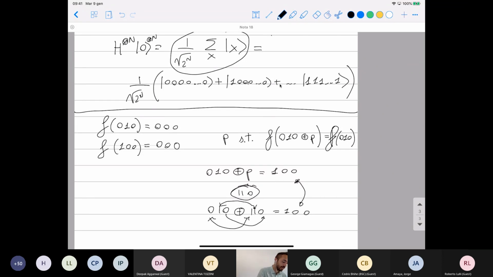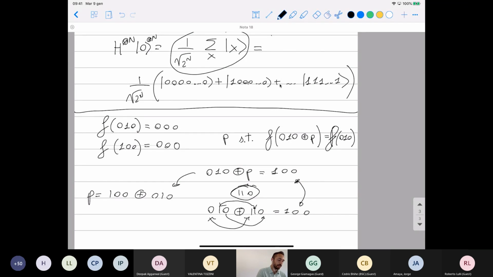Another way of finding P is you should do P equal to 1, 0, 0 plus 0, 1, 0. So it's the same. You just put this on the other side. And this is how it works with the binary, okay?